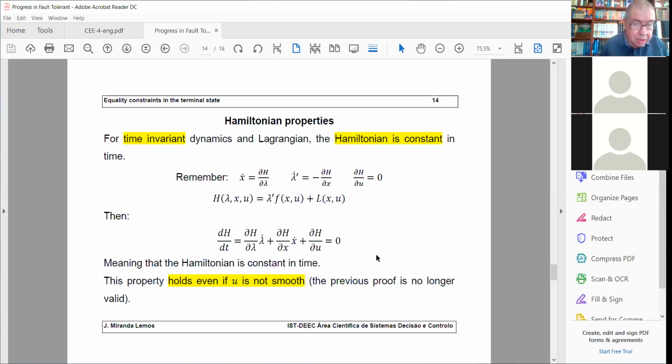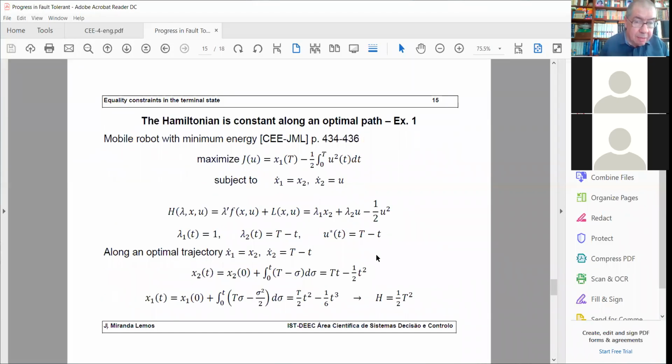Let's see two examples. The first example is something that we have already considered. It was one of the first examples that we considered. It was a mobile robot, the famous double integrator. So x1 is position, you differentiate it, you get the velocity. The derivative of the velocity is the force.